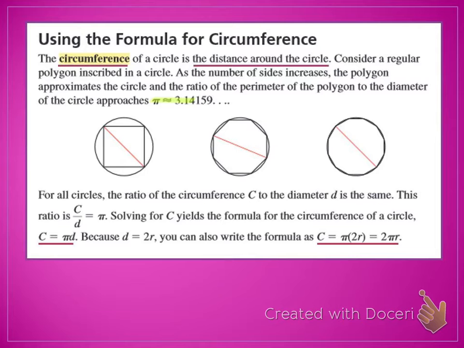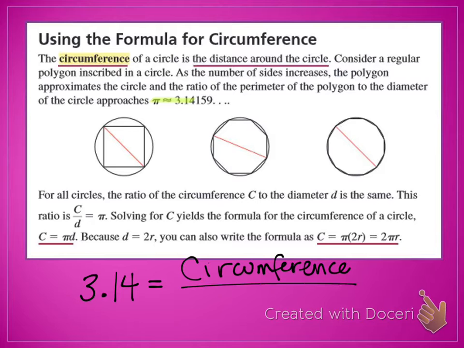What you do to find pi, 3.14, is it is equal to the circumference divided by the diameter. You don't have to know this. This is how they derive the formulas. If you take any circle, remember that circumference is the length around something.